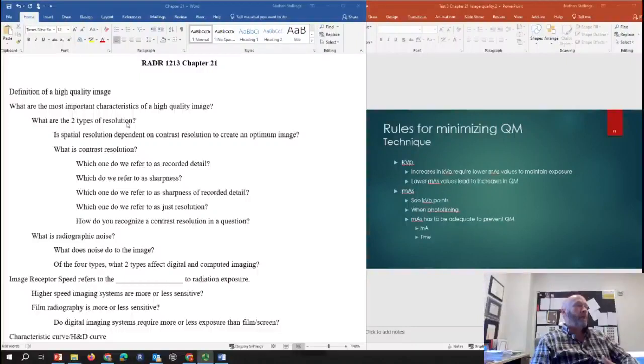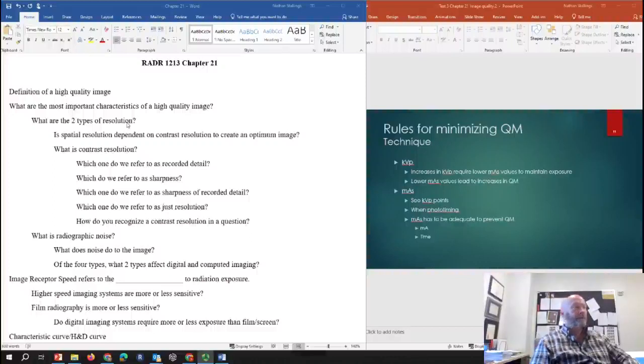So how you recognize a question that's asking specifically about contrast resolution is that contrast is always going to be in the question, or if contrast is not, then it's going to be asking about tissue density differences. So difference or contrast should be in the question.